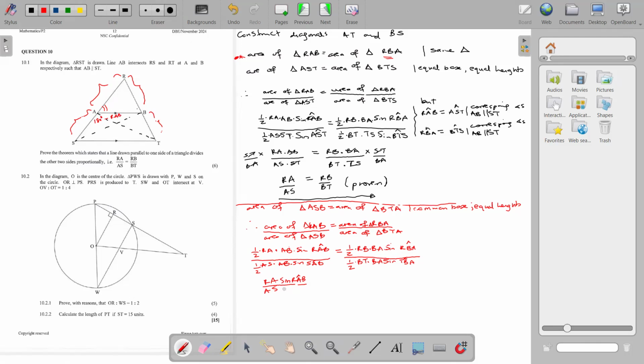So here it means it's going to be sine 180 degrees minus RAB.